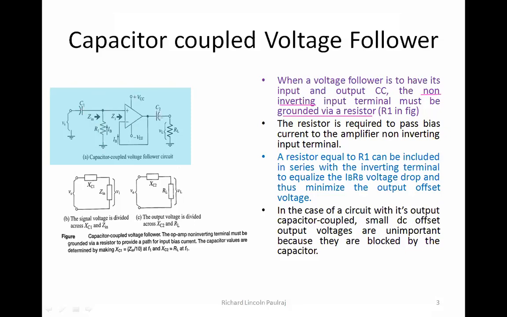This is the rule: the resistor is required to pass bias current to the amplifier non-inverting input terminal.